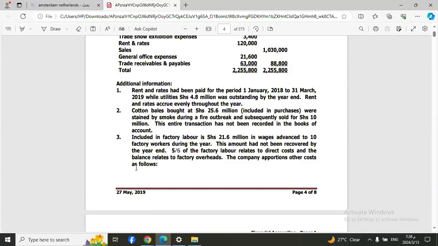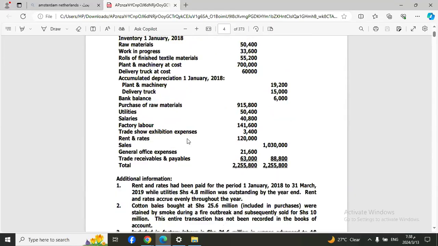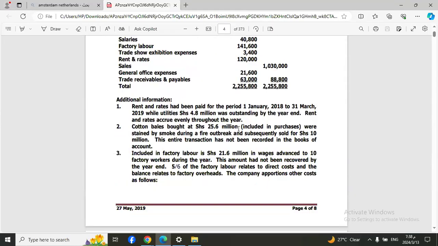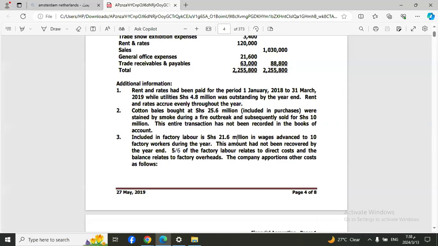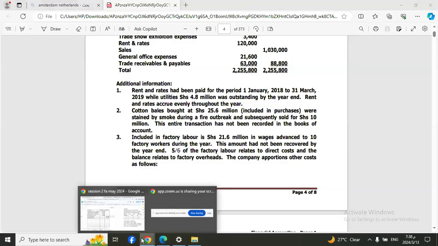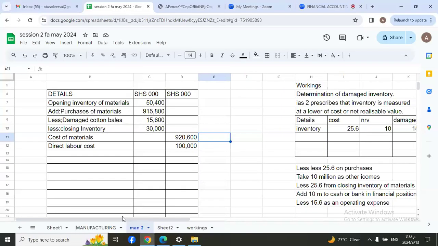So we must go on and less them. So we get 141,600 minus 21,600 times this fraction to get the 100,000. When you come here to our workings, if you can see my screen on the formula bar, I'm saying it is 5 divided by 6 multiplied by brackets.